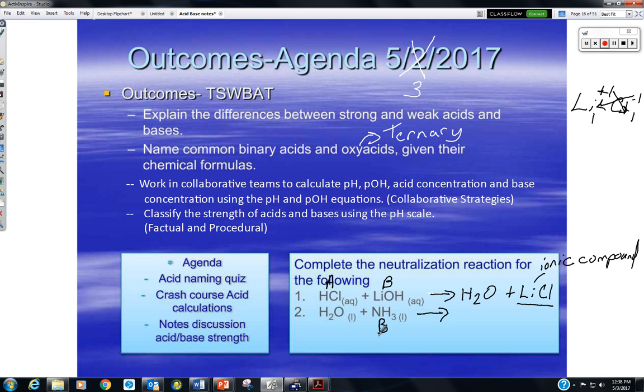We know that ammonia is a base. It's technically a Lewis base. And basically, whenever it mixes with water, it produces a hydroxide ion. So what that means is that the water is going to act as the acid in this one.